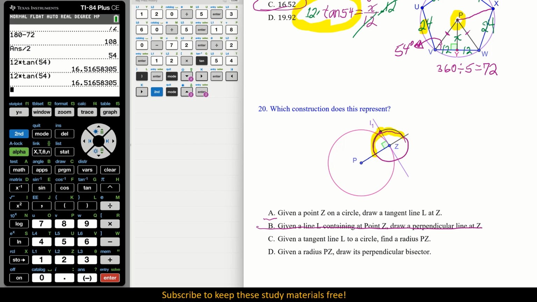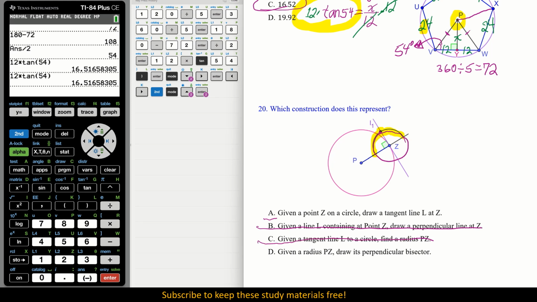Given a tangent line L to a circle, find the radius of PZ. No. That one, you're getting off of construction. It says which construction does this represent? That's going out to some other, I'm not sure what that means. Find the radius. No, we know what the radius is the minute we have a circle. So that doesn't make sense.